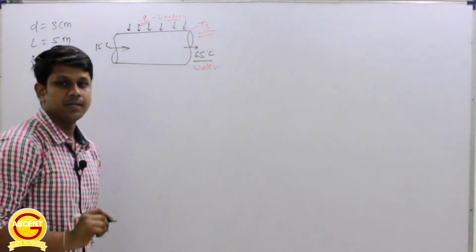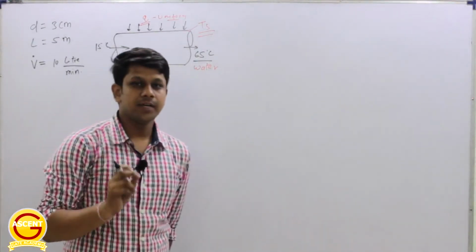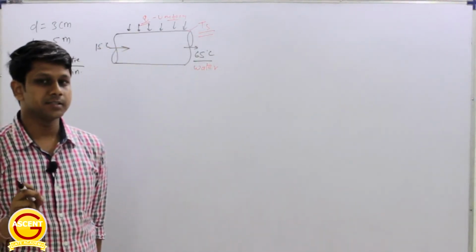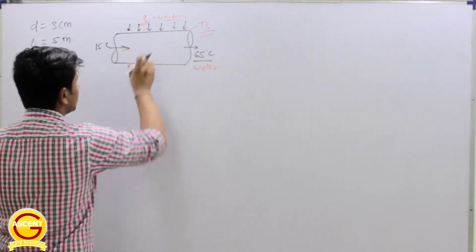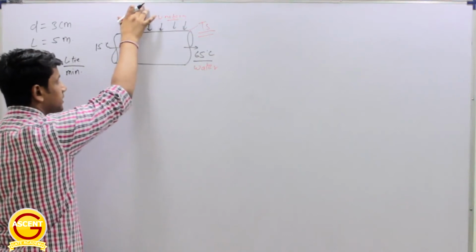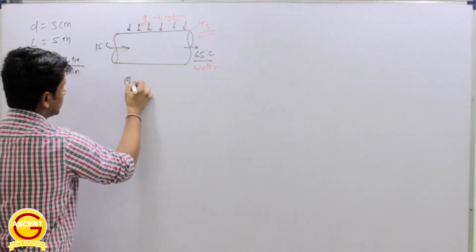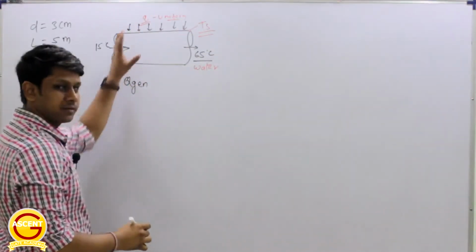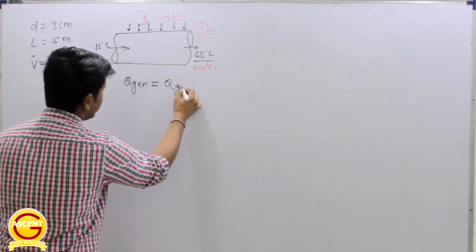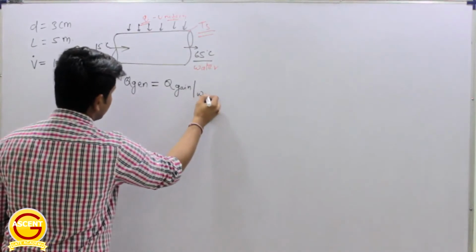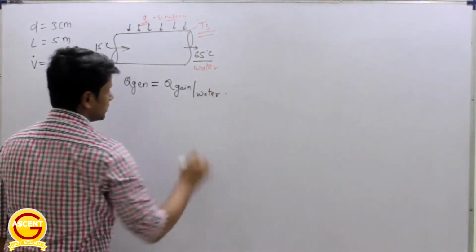See, first of all, he had said that whatever heat is getting generated by the electrical resistance is going to this water only, right? So whatever total amount of heat that will get generated, so Q generated in this wire, it will go to the Q gain for water, right?